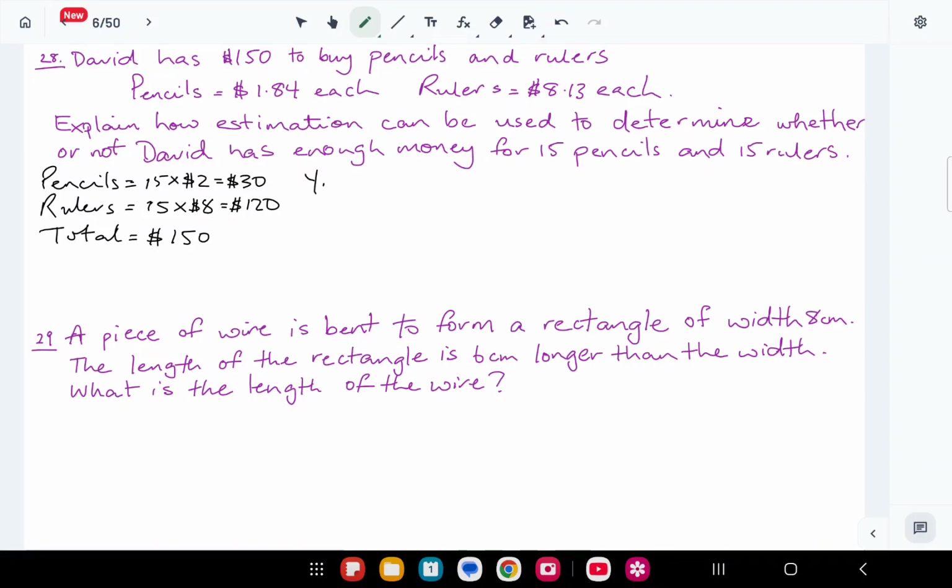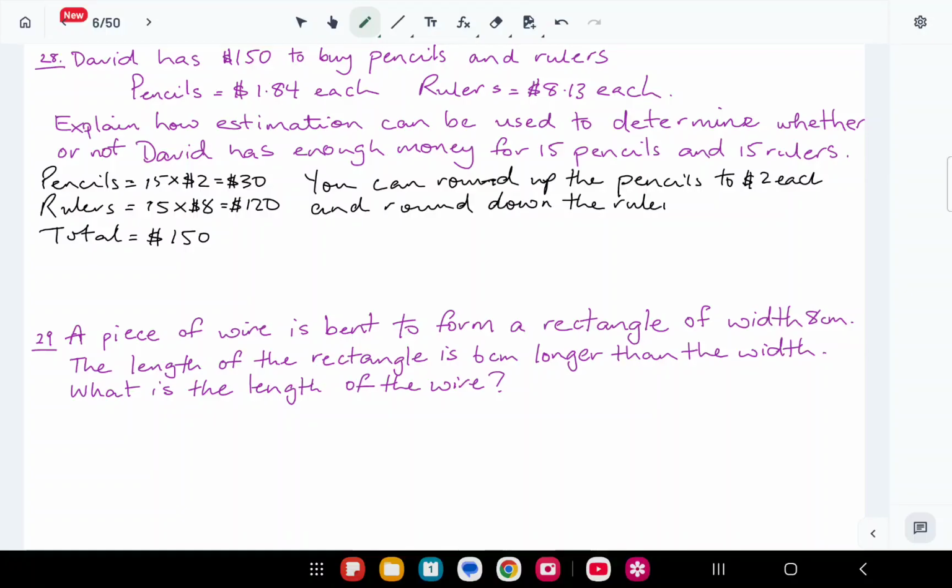Alright, so you can round up the pencils to $2 each, and round down the ruler to $8 each.